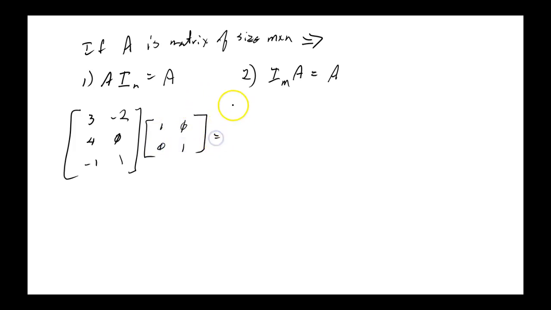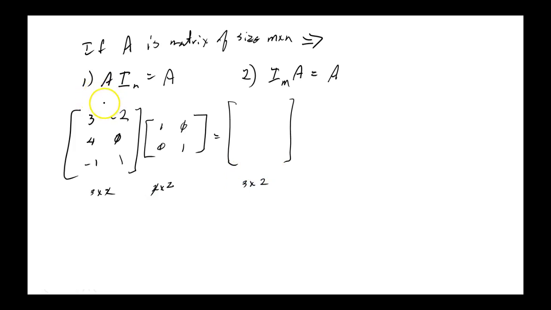Okay, let's do the matrix multiplication. Is this legal? Now, what size is A, or that first one? 3 by 2. This one's a 2 by 2. So therefore, your answer is going to be a 3 by 2. It better be if it's going to be the same value.